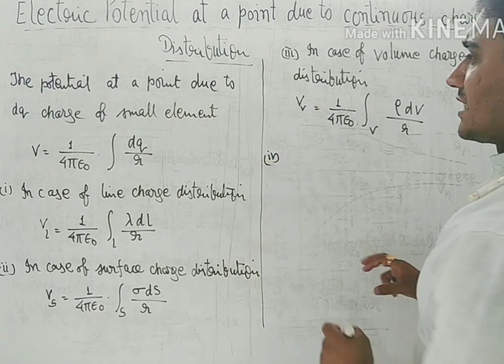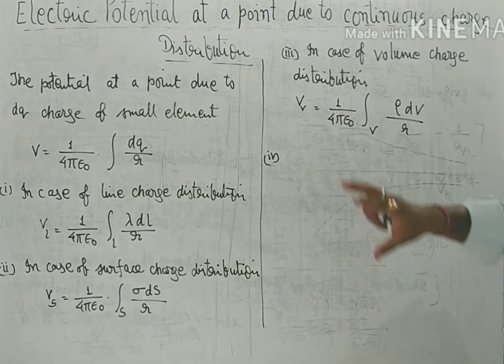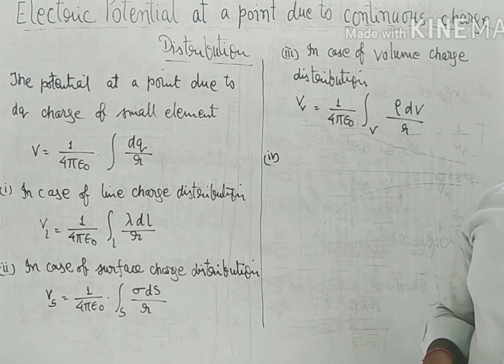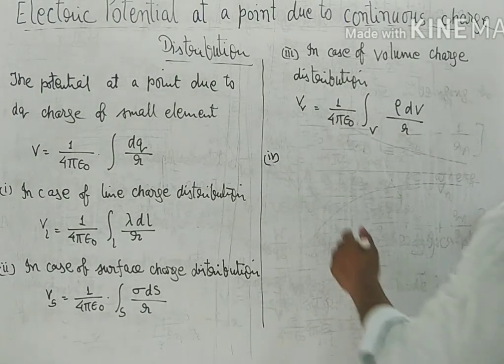Now for the next case, if all three types of charge distributions are given to us simultaneously, in that case what is the potential?